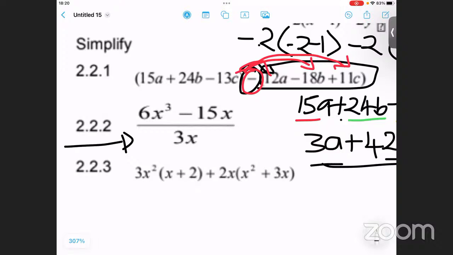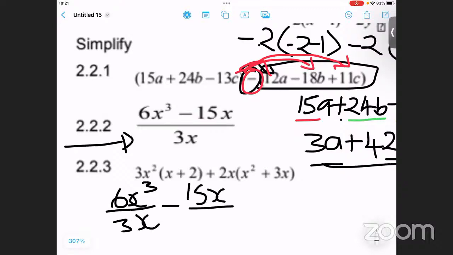And I think this one was for Pabalelo, 2.2.2. How are we going to work our 2.2 out? So, ma'am, I start by separating the equation into 6x cubed over 3x minus 15x over 3x. 6x cubed divided by 3x minus 15x over 3x.